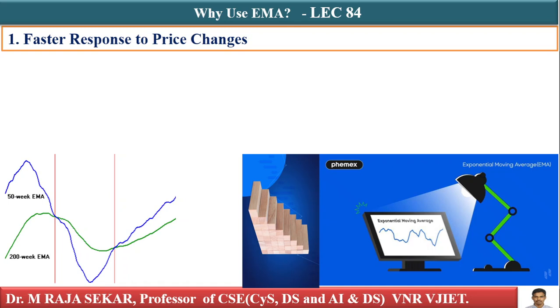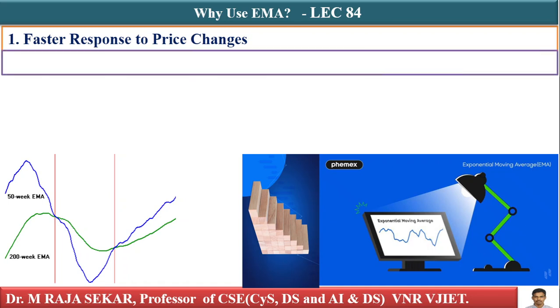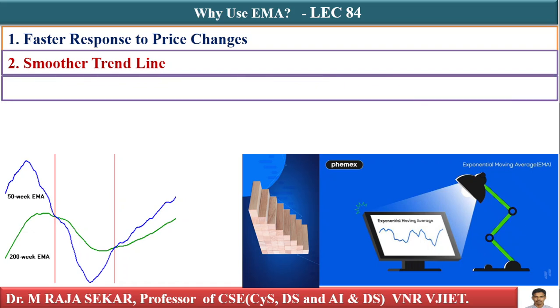This makes it ideal for identifying trends and reversals earlier. Smoother trend line. Unlike the SMA, which can appear choppy during volatile periods, the EMA smooths data while still maintaining sensitivity to recent changes. This makes it easier to spot trends without excessive noise.